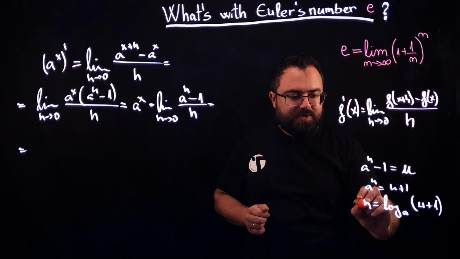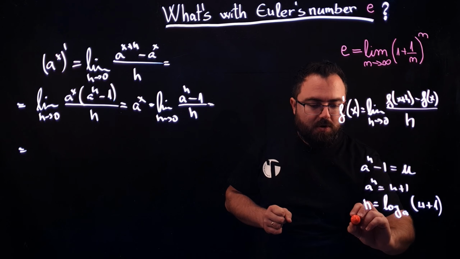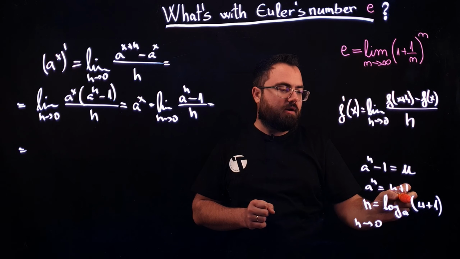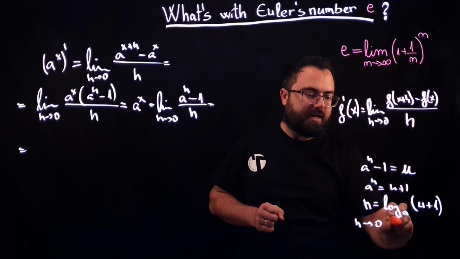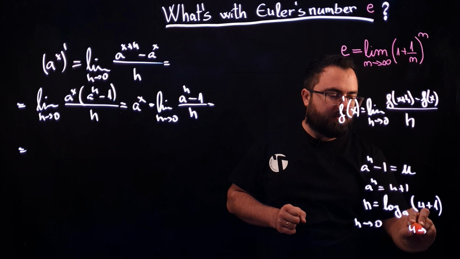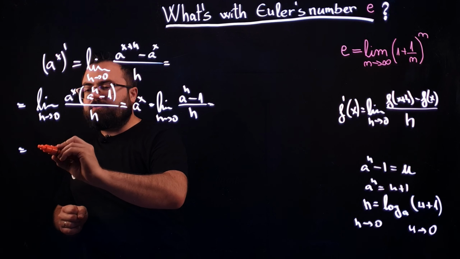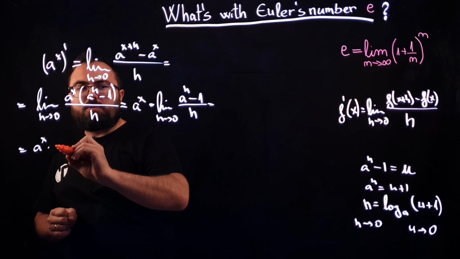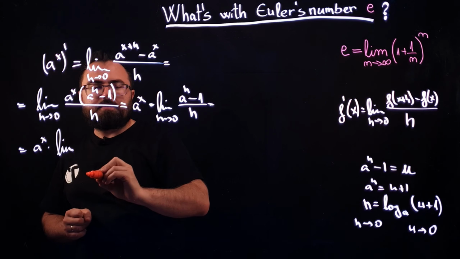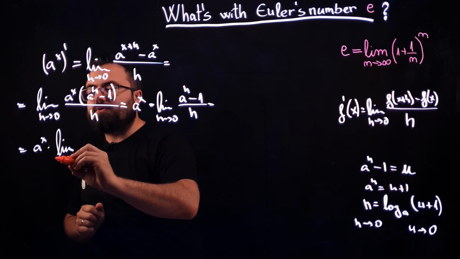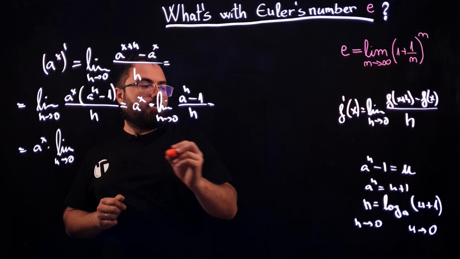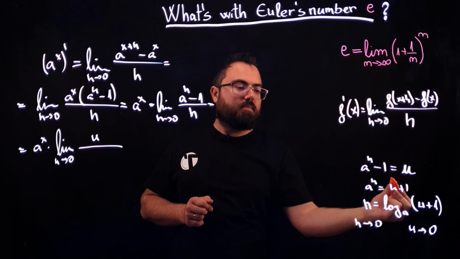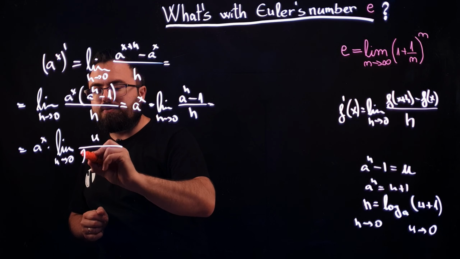One important aspect is that when h goes to 0, we have the logarithm base a of (0 + 1), that's log of 1, which is 0, and we have u going to 0 as well. So we have a^x, which remains, times the limit as u goes to 0 of u divided by h, where h is the logarithm in base a of (u + 1).